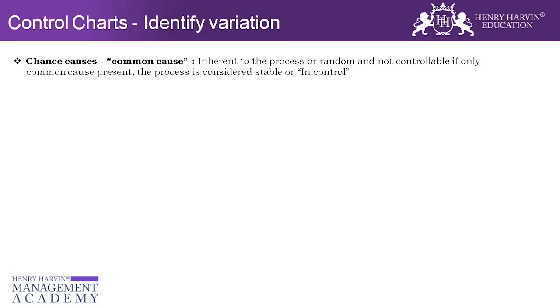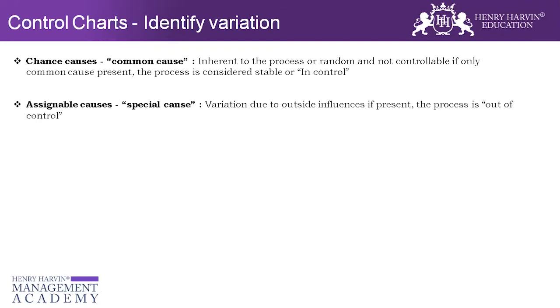Every process you look at, be it manufacturing, service, finance, HR, healthcare, telecom, you find some amount of variation in it. That's the inherent variation in any process, and if only that sort of variation is there, we would say the process is in control.